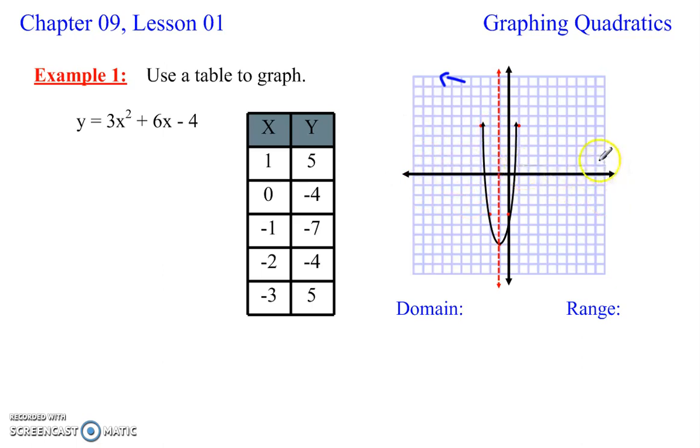And here this is going to go towards positive infinity. So the domain is all real numbers, or you could write it in this form: from, not including, -infinity to, not including positive infinity. And the range is the y values, from 7 included to positive infinity.